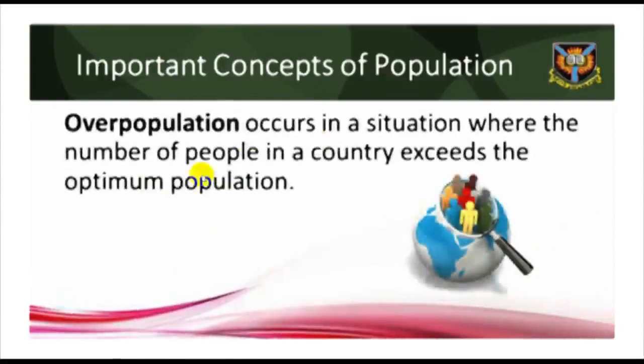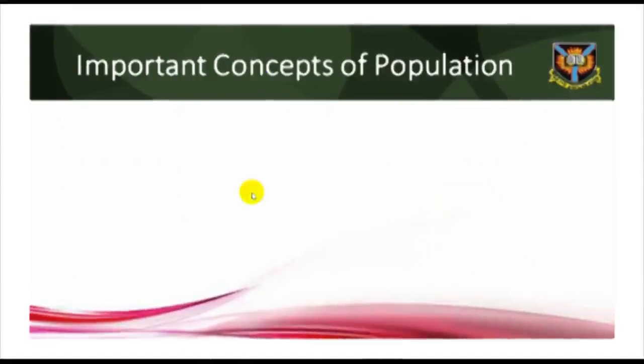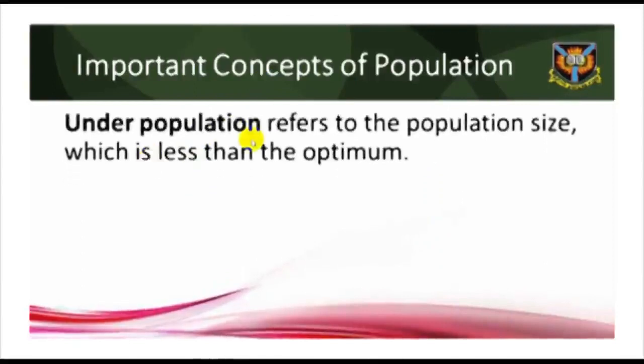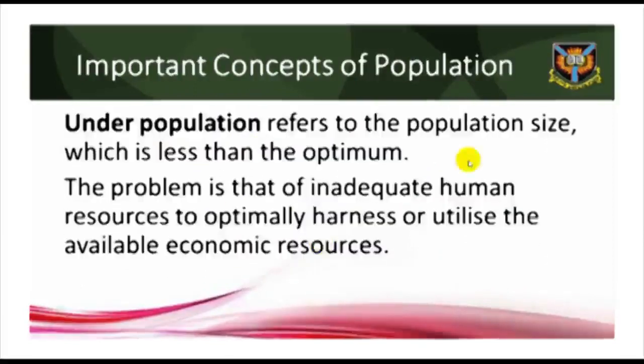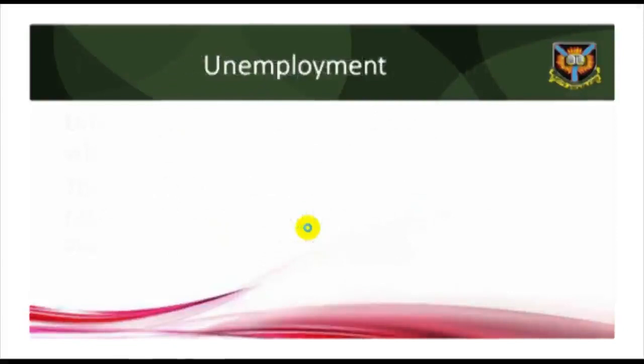This occurs in a situation where the number of people in a country exceeds the optimum population. Underpopulation. This refers to a population size which is less than the optimum. The problem is that of inadequate human resources to optimally harness or utilize the available economic resources.